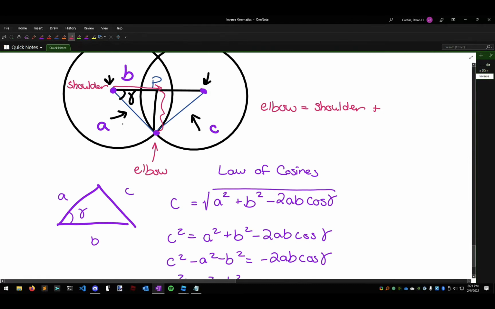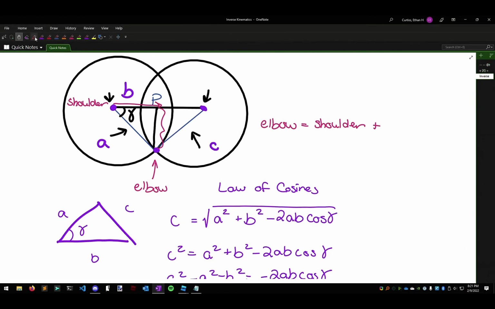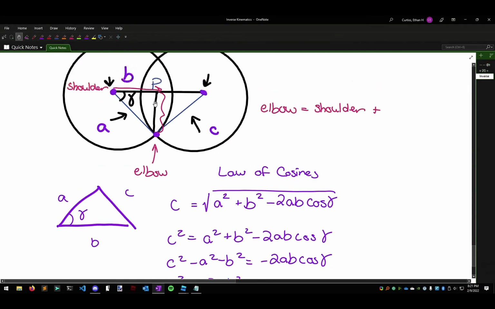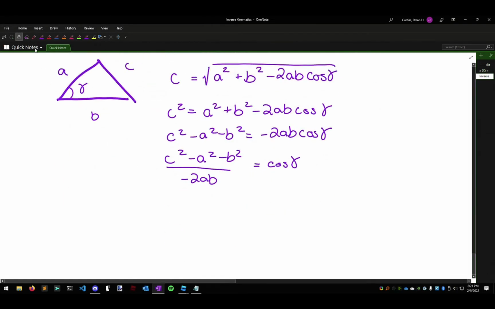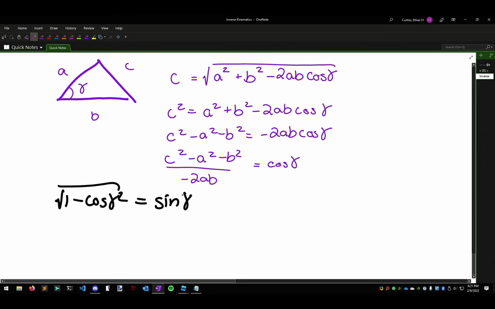Okay, we don't need it. This is really what we need here. And then eventually we're also going to need sine of gamma, which by Pythagorean theorem is going to be cosine squared. Yeah. Okay. That's what we need.